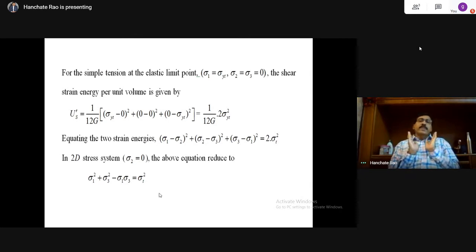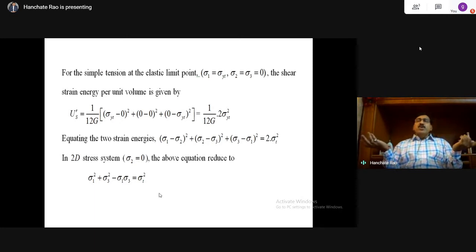That's all. If you are considering the strain in the sigma 1 direction, sigma 1 by E minus mu times sigma 2 by E minus mu times sigma 3 by E, this should be equal to the strain at the elastic limit, sigma yt by E.